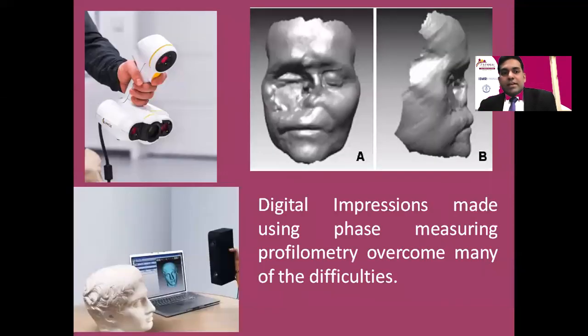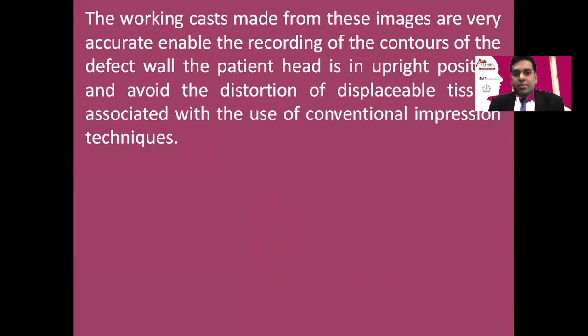Now, regarding recent advances, digital impressions made using phase measuring profilometry overcome many of the difficulties. And today we have various technologies like 3D printing, which can be used for fabrication of these records, and they can help us with precise processing of our facial prosthesis.